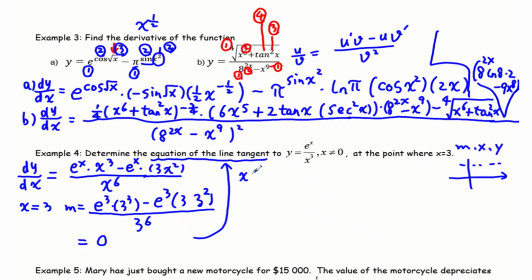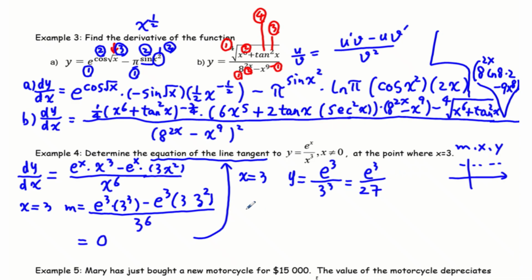When x equals 3, sub into the original equation, we have y equals e to the exponent 3 divided by 3 to the exponent 3. It's e cubed divided by 27. So for the horizontal line, it will be y equals this number, okay?